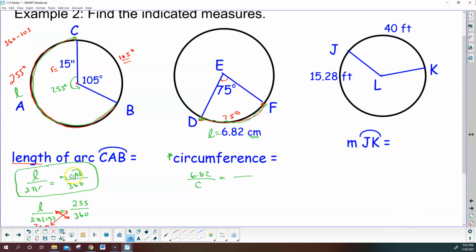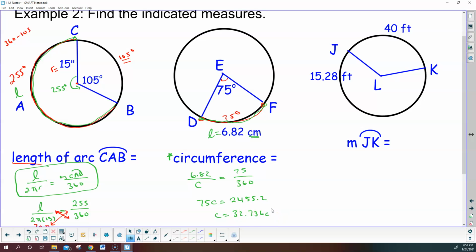And then that has to be the same as the arc measure, which is the same as the central angle, or 75 over 360. And then it's a really quick cross multiply and solve. And then divide by 75.